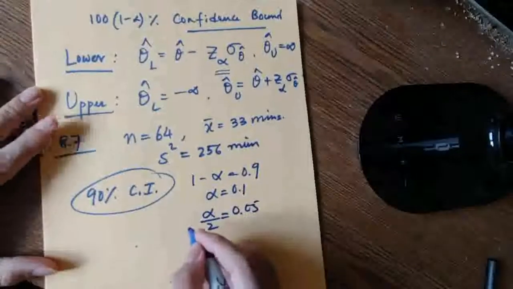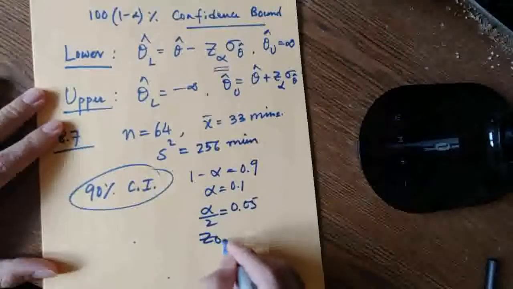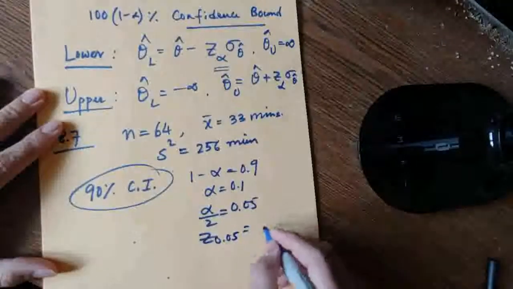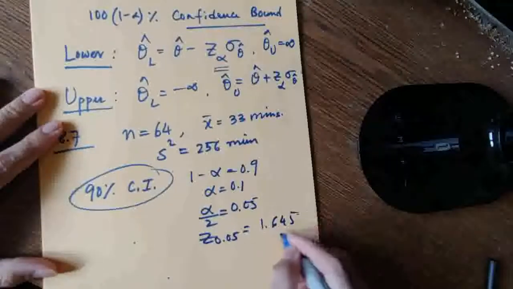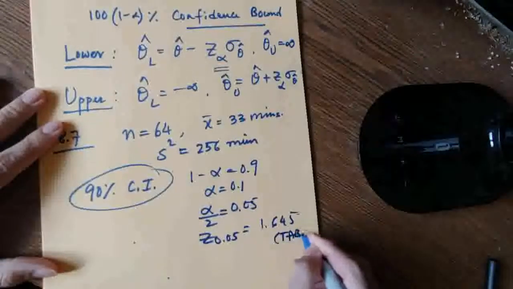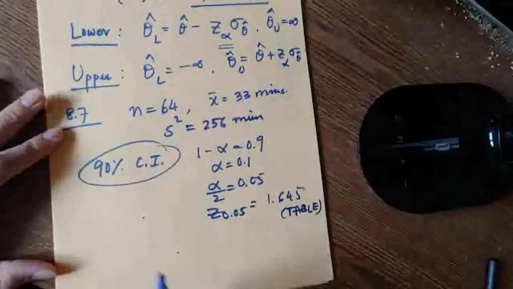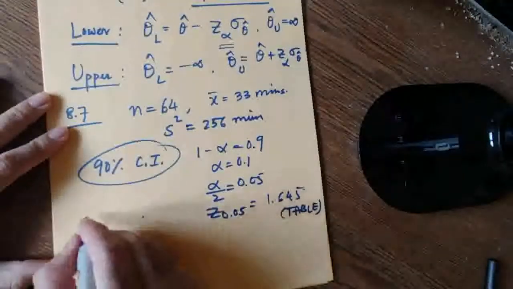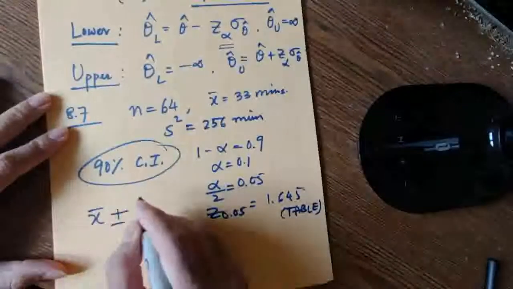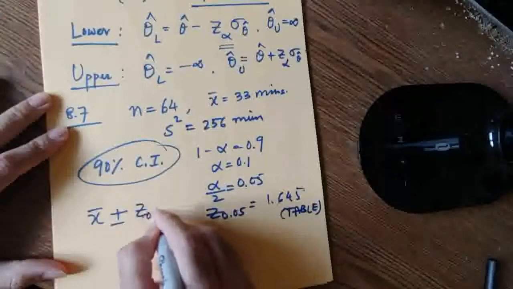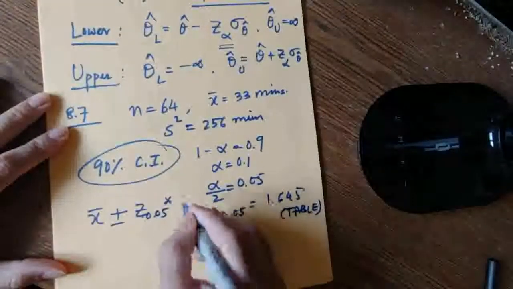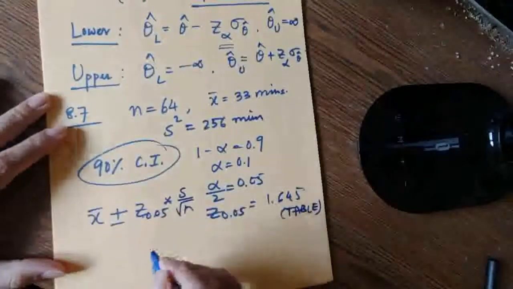So what we are looking for is z 0.05 first, which is 1.645 from the table. And the confidence interval is x bar plus or minus z 0.05 times s over square root of n.